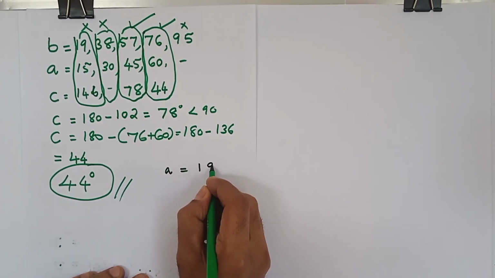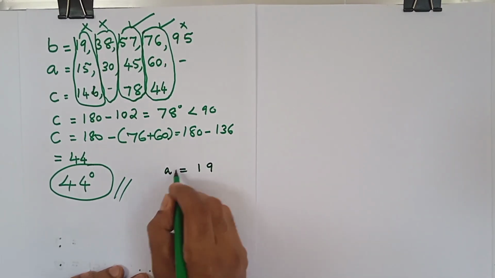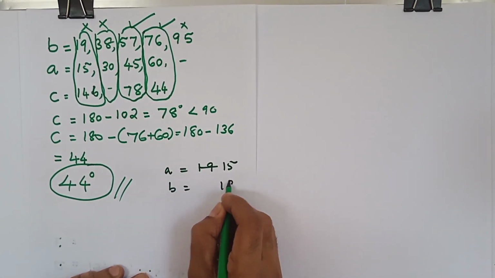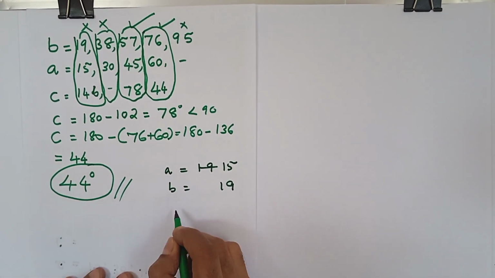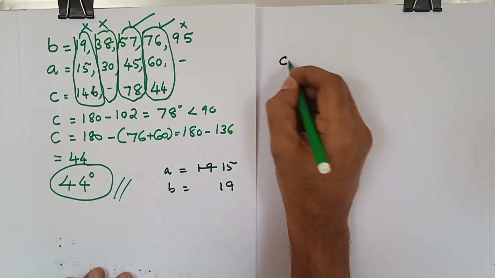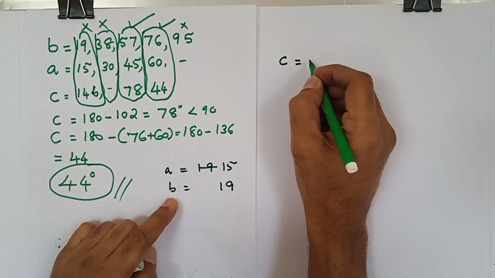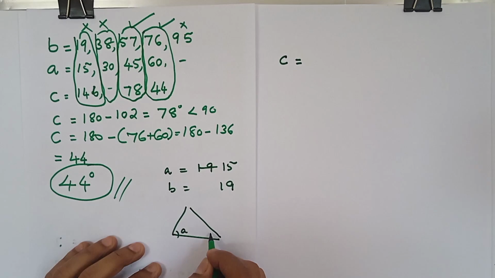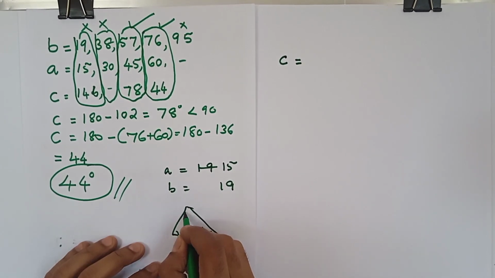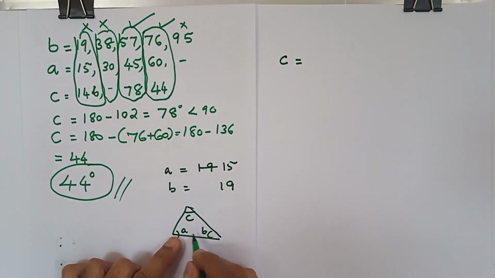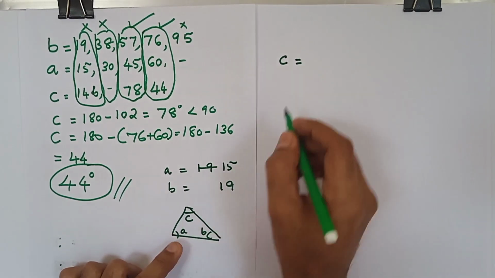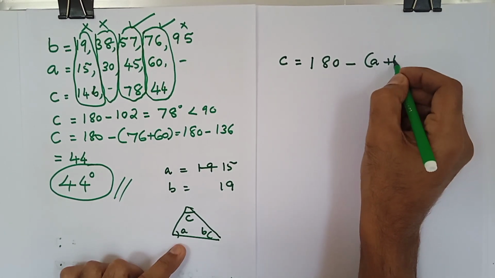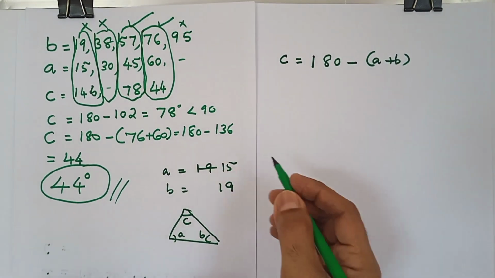A equal to 15, B equal to 19, and you're trying to find out what? C. What will be C? See, if this is the triangle, this is A, this is B, this is C. As you can see, the total is 180, so C will be 180 minus (A plus B).